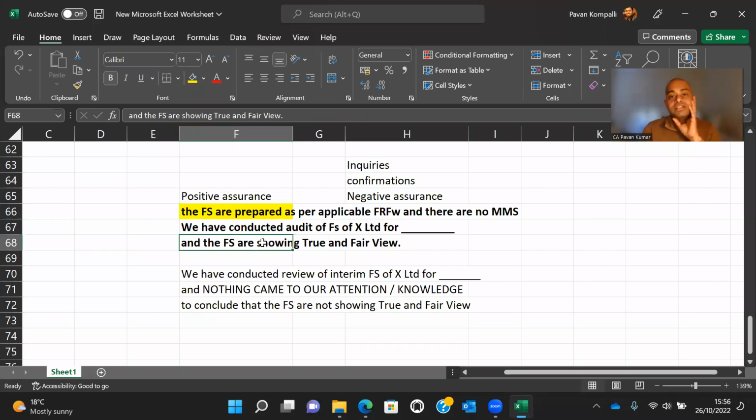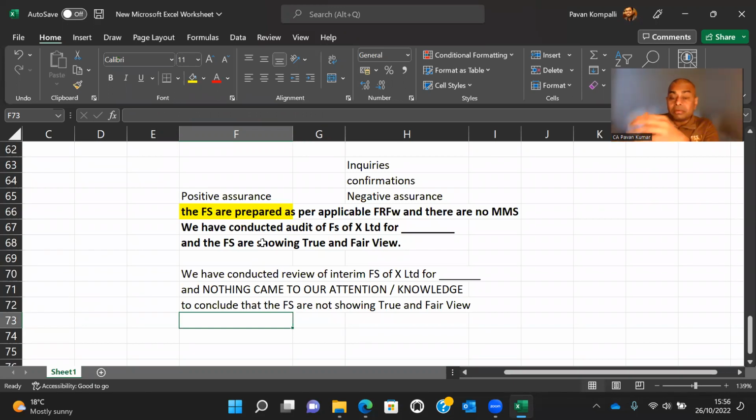This is what we give in case of audit. The financial statements are prepared as per applicable financial reporting framework, and there are no material misstatements. Here you will tell no material misstatements were identified.